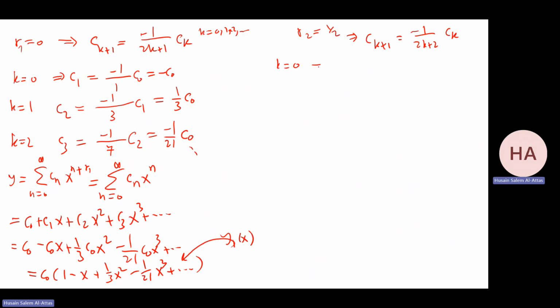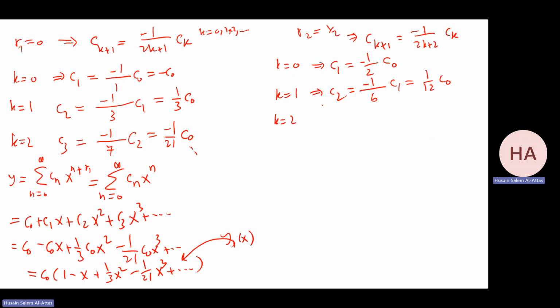If k equals 0, I'm getting c1 is minus 1 over 2 c0. For k equals 1, c2 will be minus 1 over (2 times 4) times c1, so that will be 1 over 12 c0.